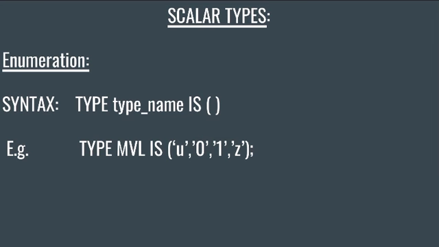For example, type MVL is, and we have given here some sequence, that is U, 0, 1, Z. These are some of the values which we have given here.